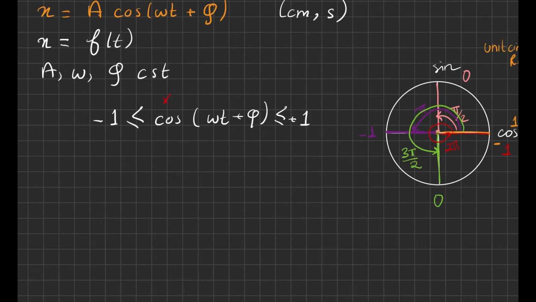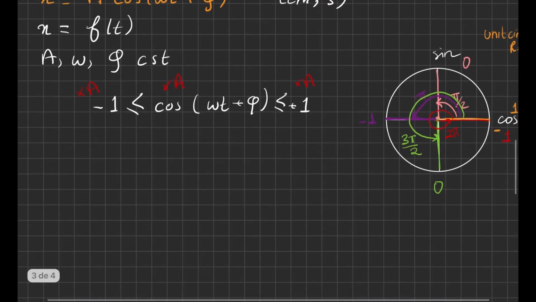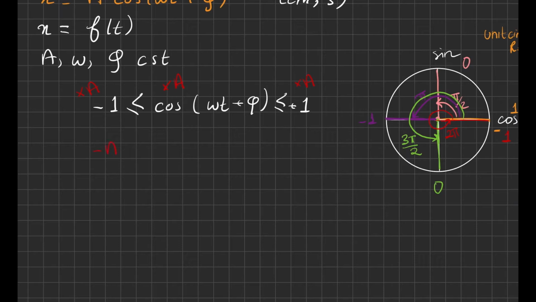Again, to get the function x, we have to multiply by a. So we multiply by a on all sides of the inequality. And we have minus a, cosine omega t plus phi, and plus a. So cosine omega t plus phi is sandwiched between minus a and plus a.